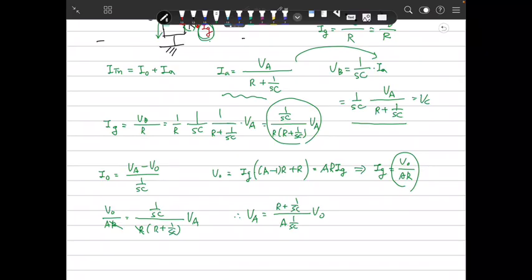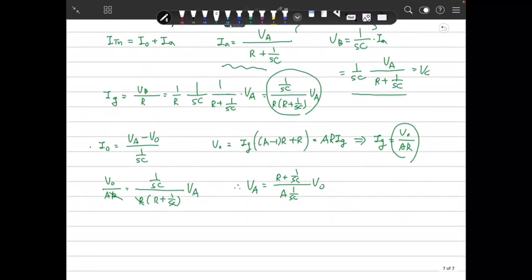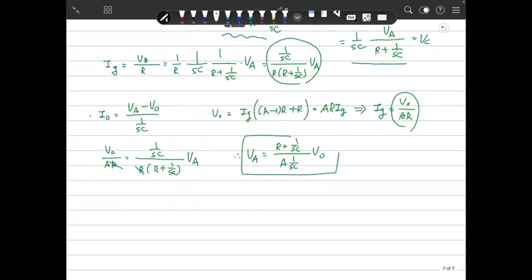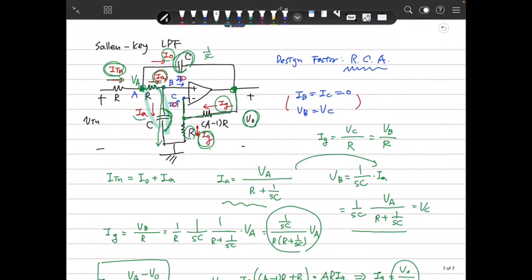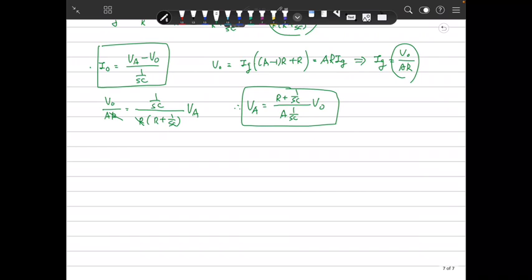And IO is here. Then I in, we get this result and this result. Because I in is the sum of IA plus IO. I in is IA plus IO.